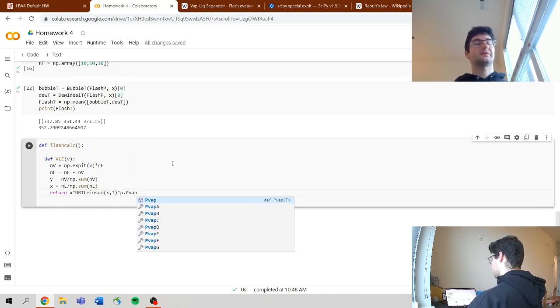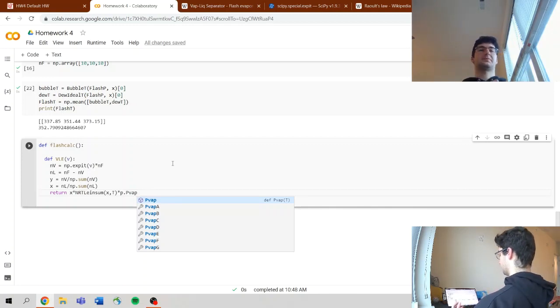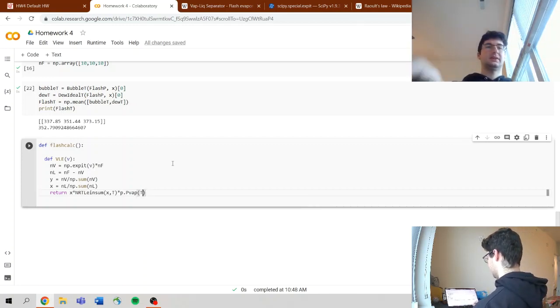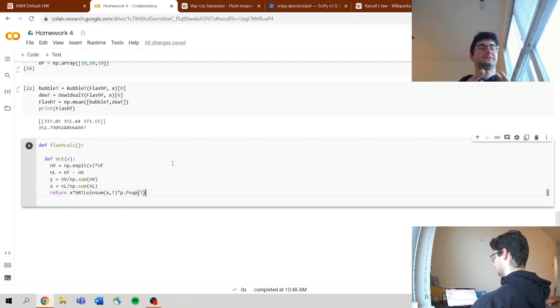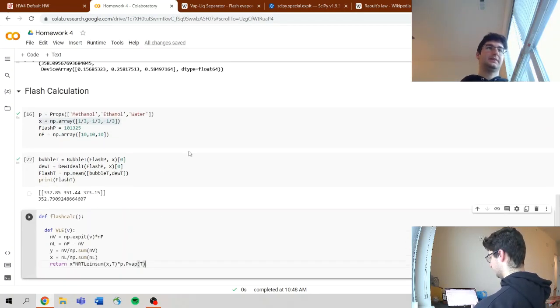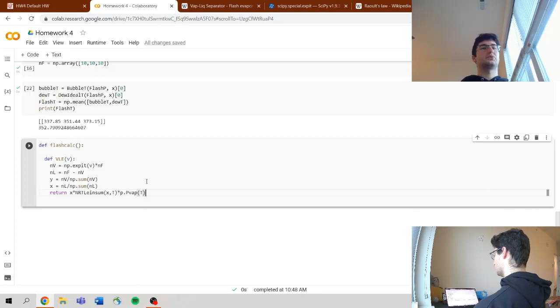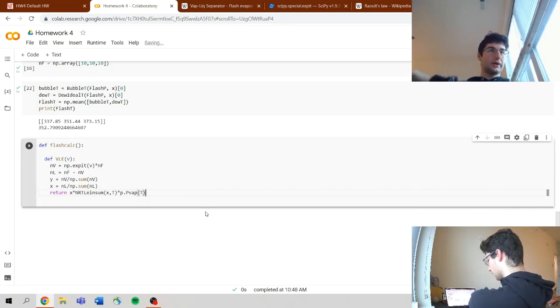If you'll remember from our previous video, that P vap will pull the vapor pressure equilibrium data at a specific temperature for each of the components. And because of that P dot and these props that we set before, it knows which component is which and can pull the water data for the water component, which is enormously useful.